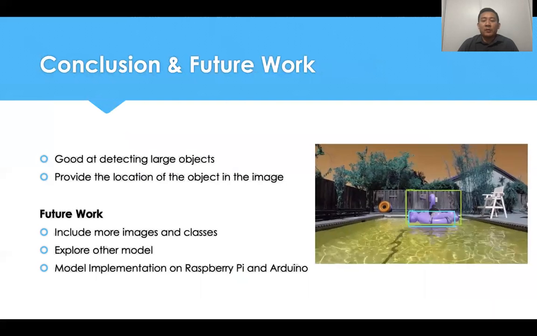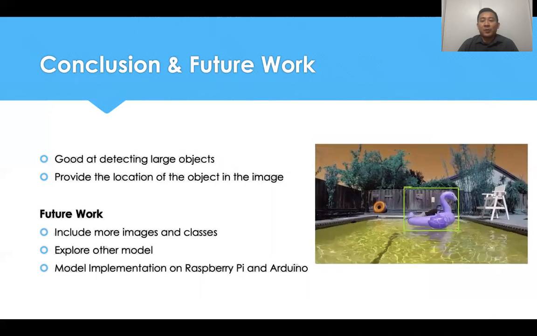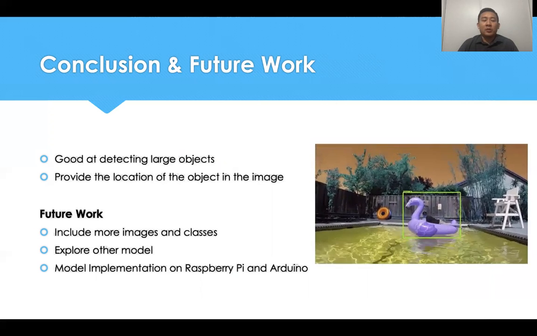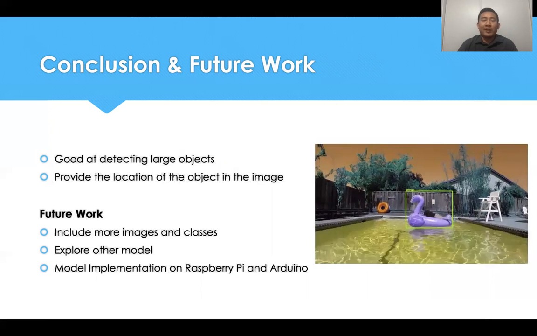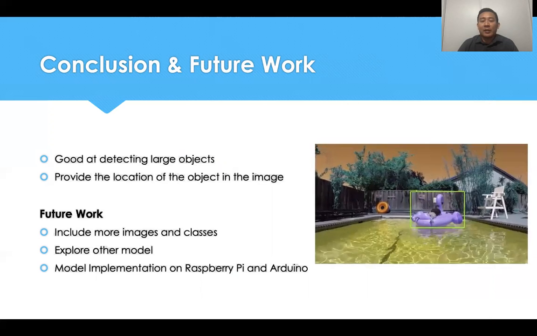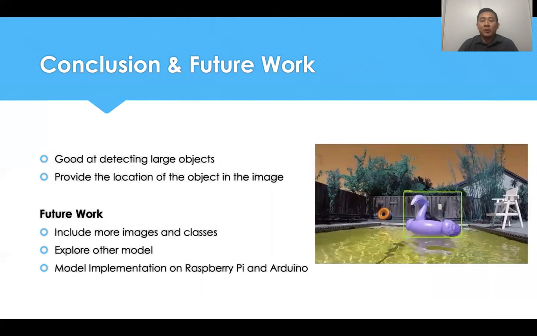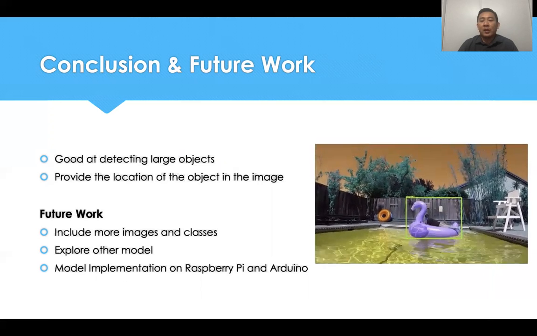So the model is very good at detecting large objects, particularly flamingo pool floats. And this information can be used to alert the kids where these objects are relative to their position, so that they can navigate better and venture out farther in the lake on their own.